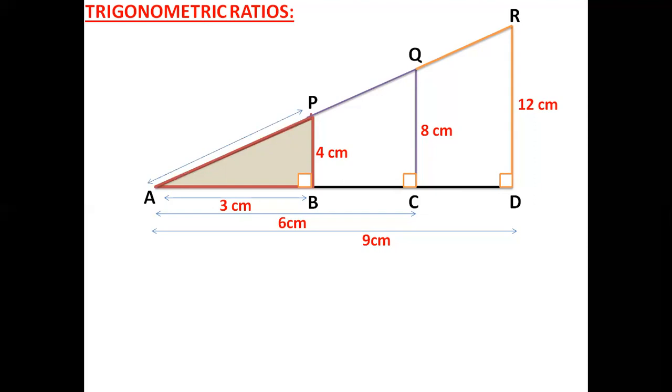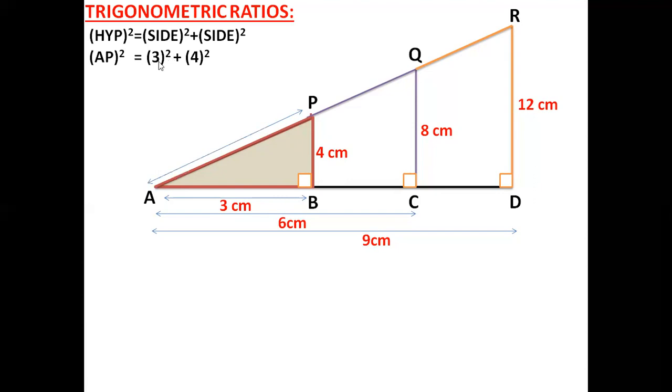What Pythagoras says: in a right angle triangle, the square of the hypotenuse is equal to the sum of squares of the remaining two sides. Here, what is the hypotenuse? That is AP. You have to find the length of the hypotenuse.